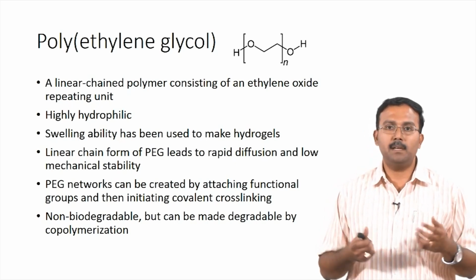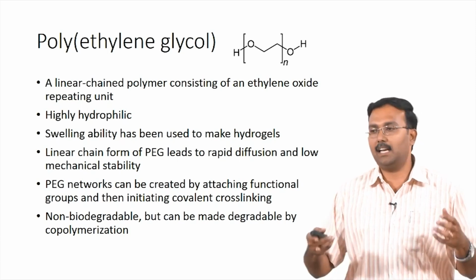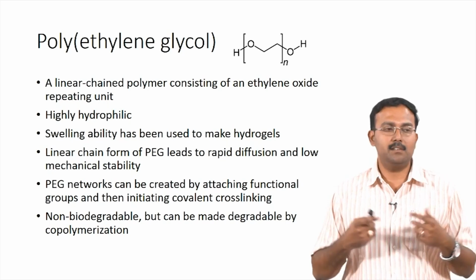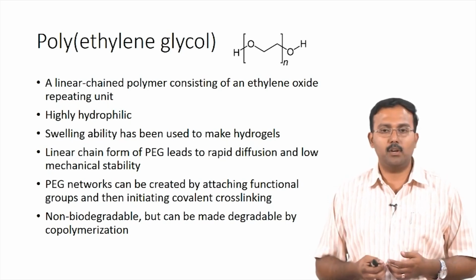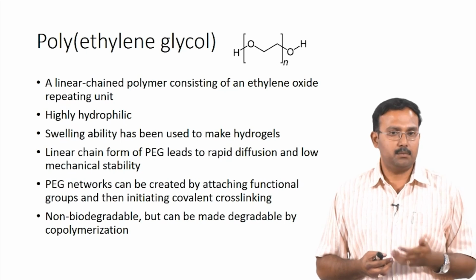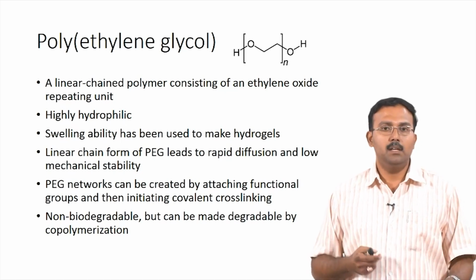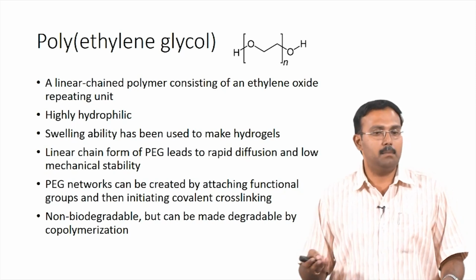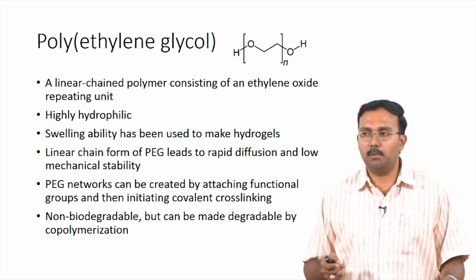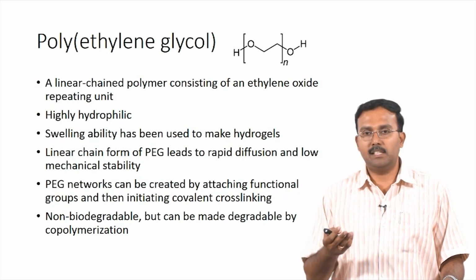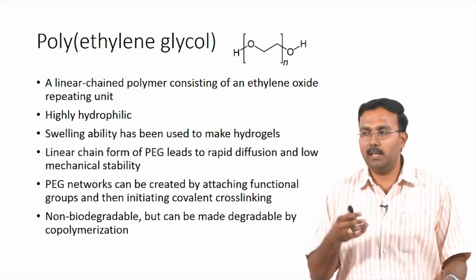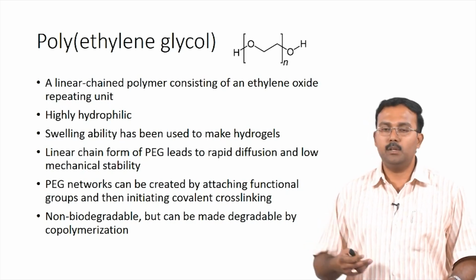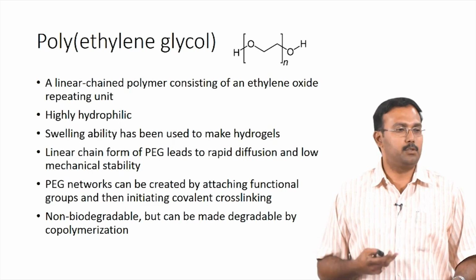So, for this reason people try to create PEG networks by attaching functional groups to PEG and try to cross-link it using covalent or other types of cross-linking. So, this is non-biodegradable but can be made to be degradable by copolymerization with other degradable polymers. And as I already mentioned, below a molecular weight threshold, it can actually be excreted by your kidneys. So, if you were to use it at that molecular weight, then it's usually not a problem.